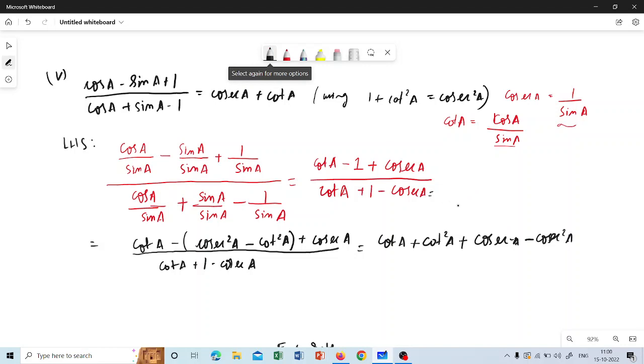This is cosecant of A minus cosec square A. So now what I can do is, I can take cot A common. Now instead of this, 1 minute.